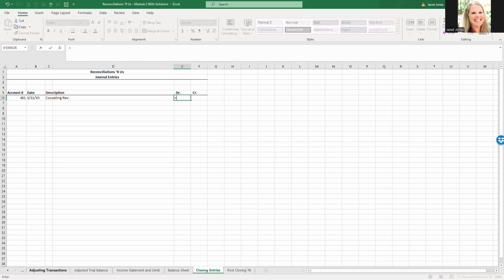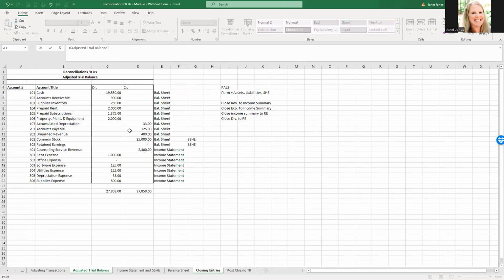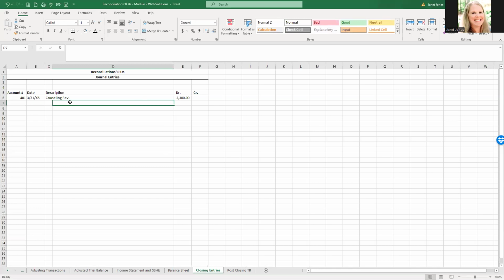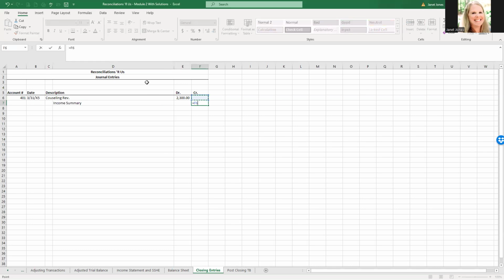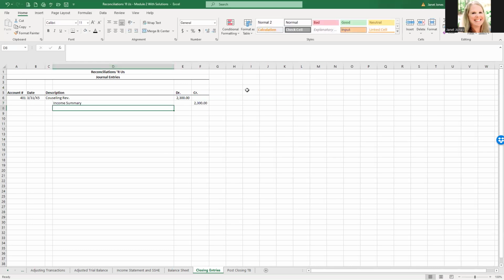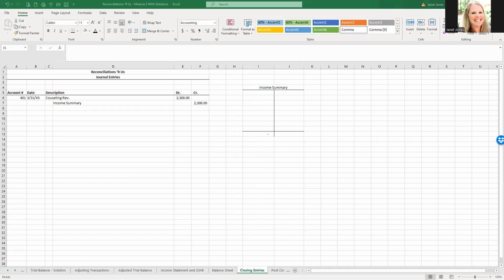And we will close that with a debit. So right now it is sitting here with a $2,300 credit balance. So to close that out, we're going to have a $2,300 debit balance. And again, we're closing that to our income summary. So if we were to have a T account for income summary, we would be recording that $2,300 to income summary.